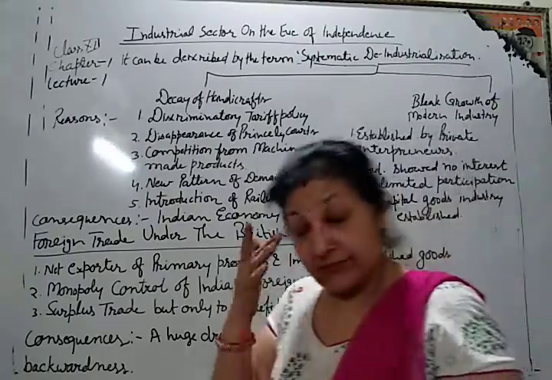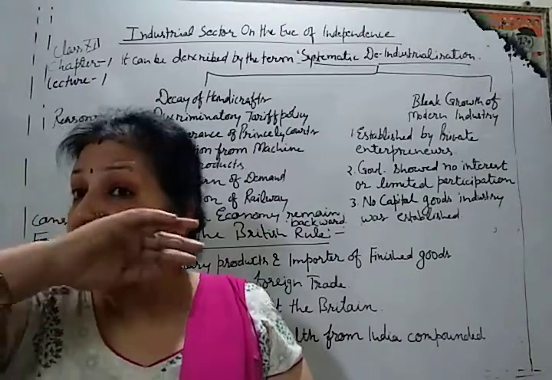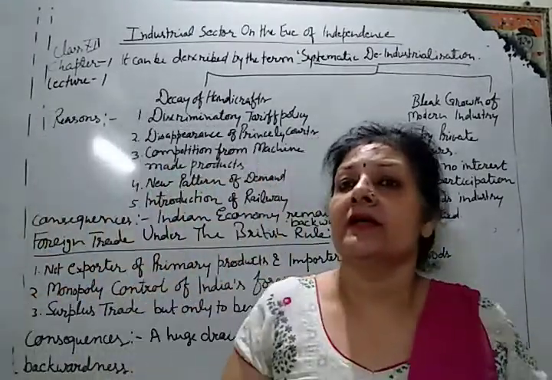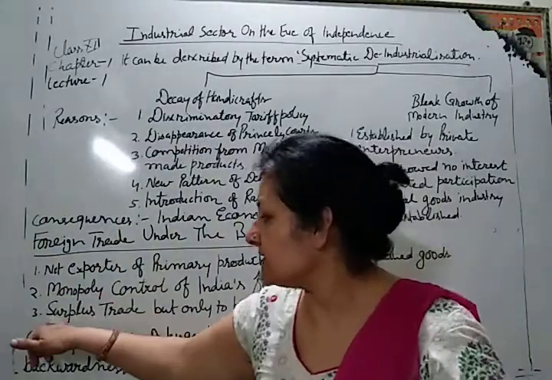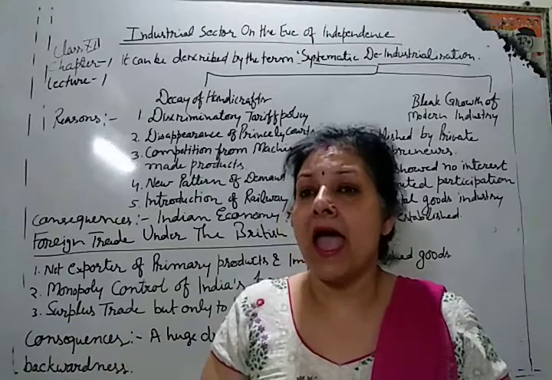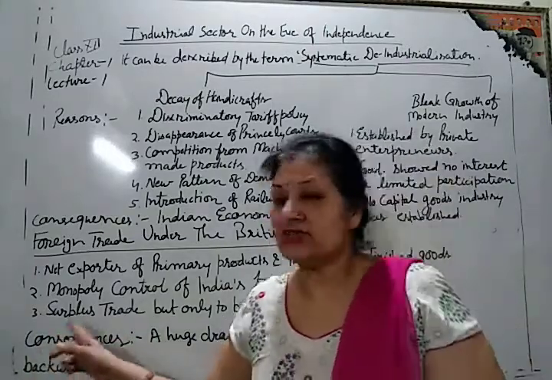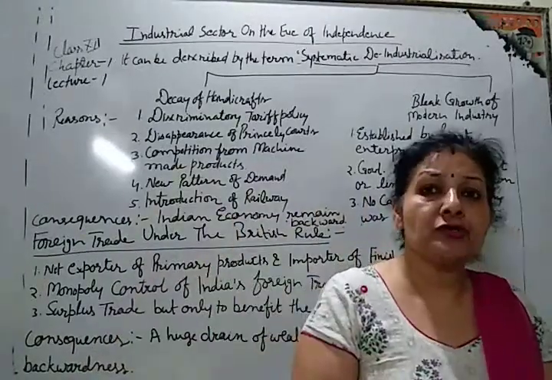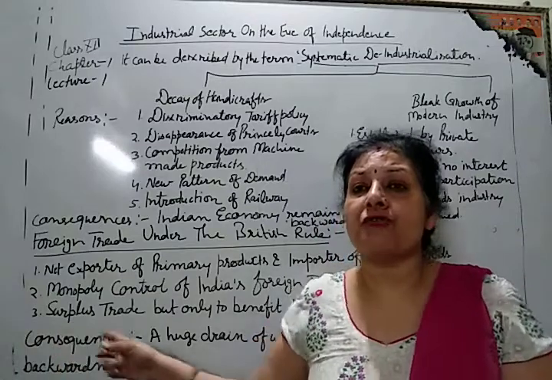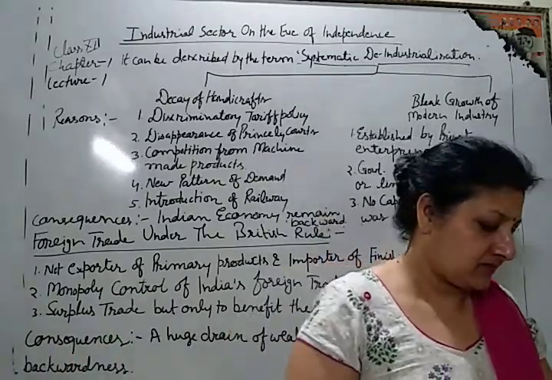British government इंडिया में जो अपने एडमिनिस्ट्रेशन को सैलरीज देती थी, this was given by this surplus trade only. And not only this, surplus trade was also used to meet the expenses of wars fought by the British government.